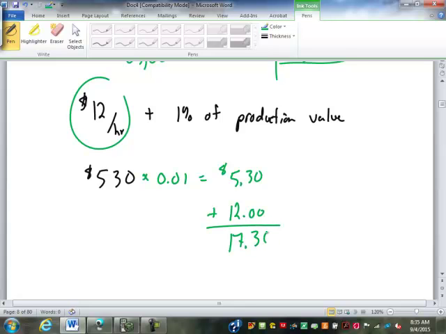So that hour you made $17.30. Now, obviously, a company's not going to figure it out hour by hour. They're going to figure it out on a week-by-week basis. They would figure out an average production value for the week and then make your hourly rate off of that. But you can see you get the general idea there.